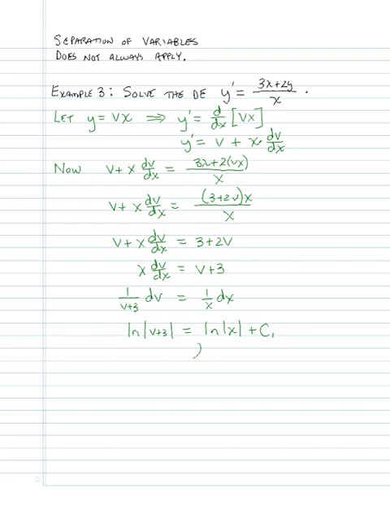One possibility is to approach this as we have been, and that is that we would say the absolute value of v plus 3 is equal to e to the power natural log absolute value of x plus c sub 1. Well, that would be absolute value of v plus 3 is equal to e to the power c sub 1 times e to the power natural log absolute value of x.